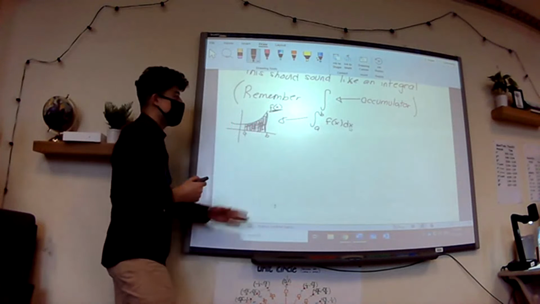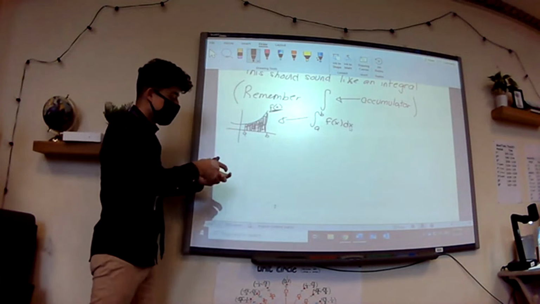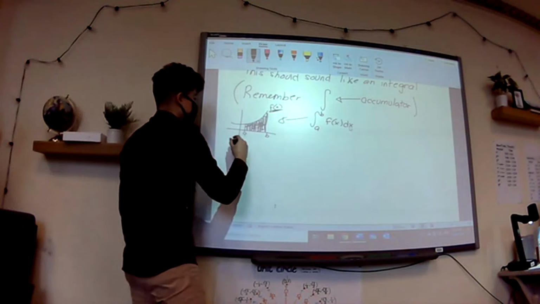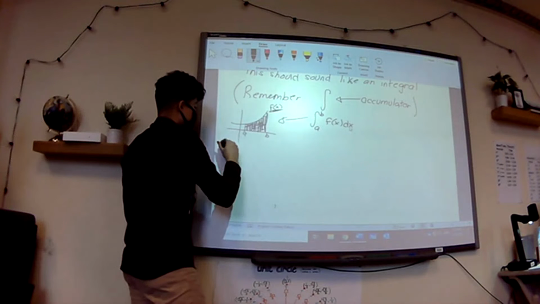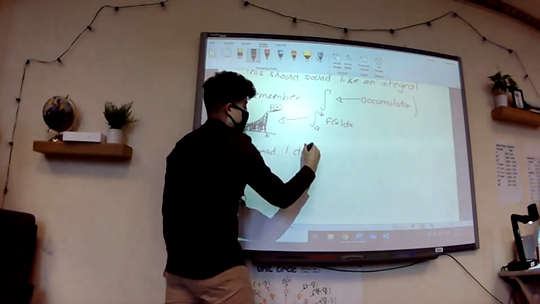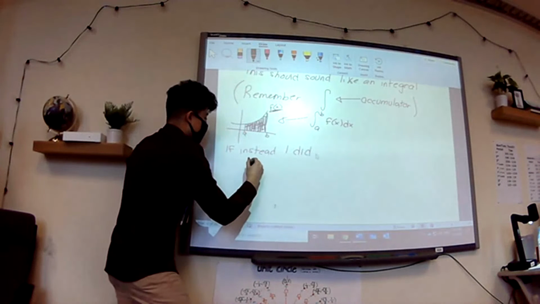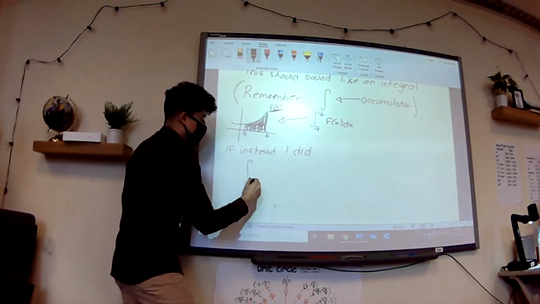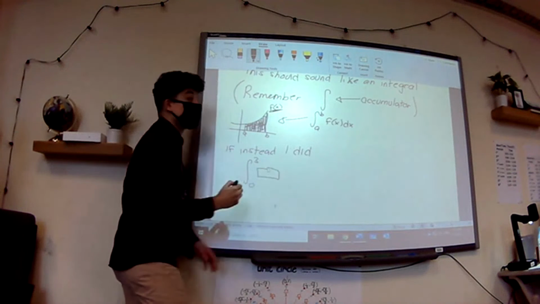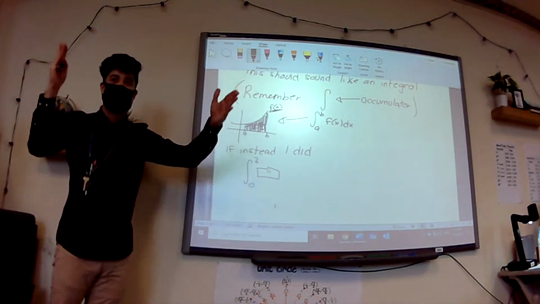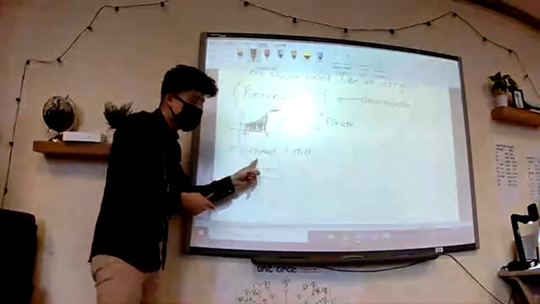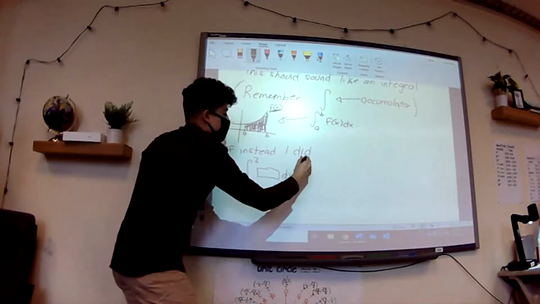But if instead I accumulated, instead of y values, a bunch of squares with a tiny thickness, or a bunch of rectangles with a tiny thickness, from, for example, 0 to 3, a bunch of rectangles. This is obviously very informal. Don't ever write this on the AP test. This is just a conceptual thing. But if I put squares instead of y values, this would accumulate a bunch of squares with a tiny thickness.